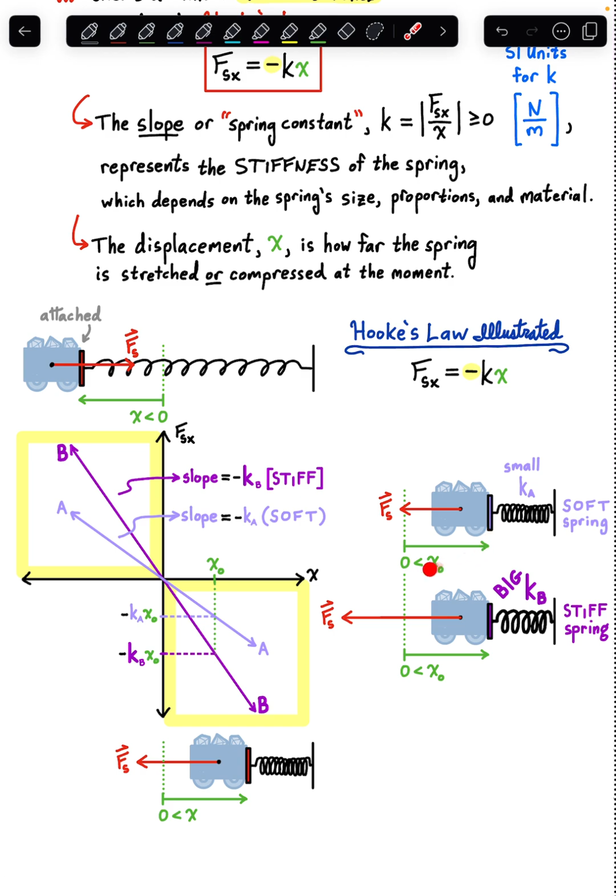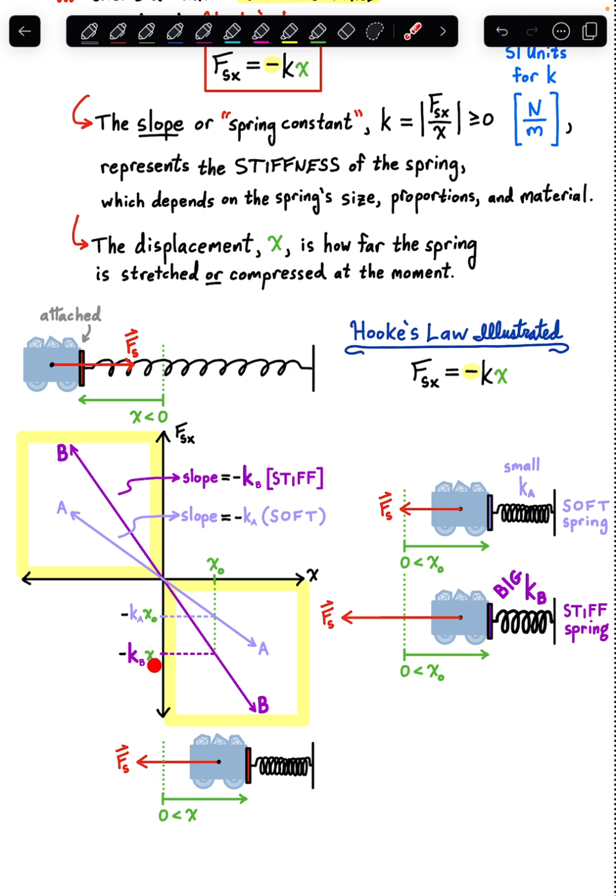So at this moment, with a positive compression, x naught, we're graphing spring force Fsx versus displacement x. So here's that value x naught. Looking at our two linear functions, they have both been compressed the same distance, the same x naught, but spring A is exerting a smaller spring force, and spring B is exerting a greater spring force.